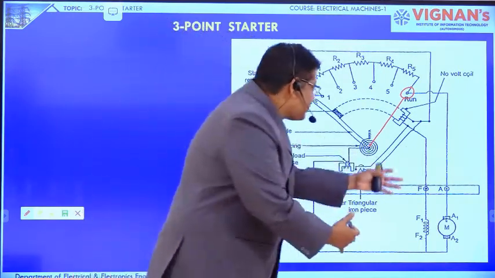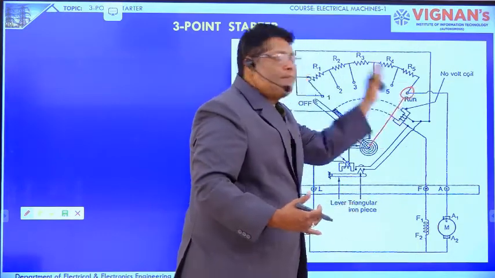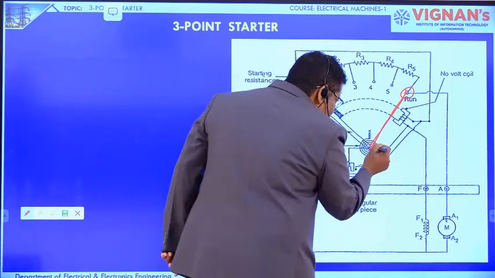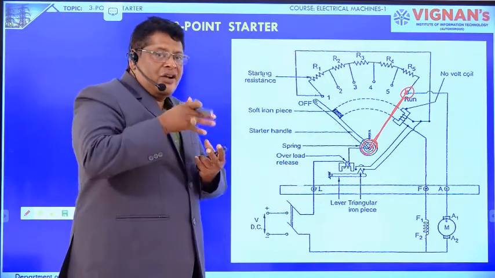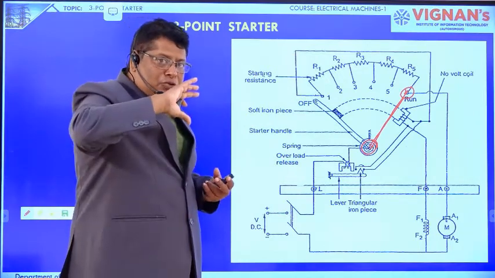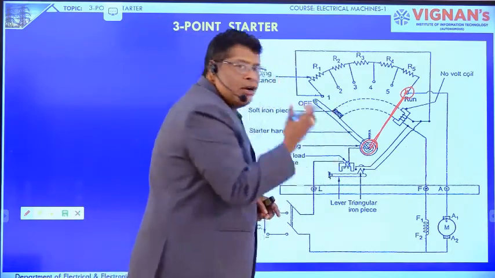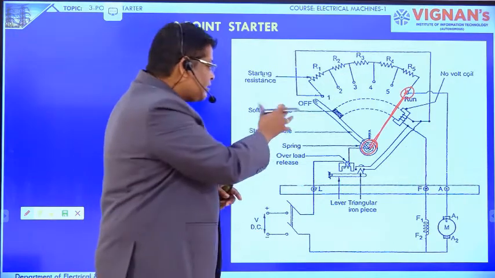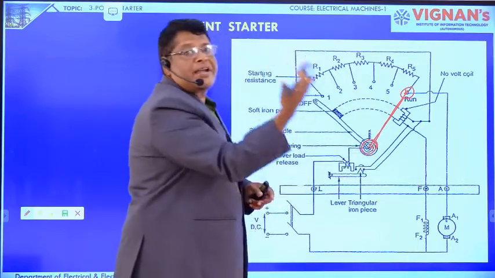As the motor speed is increasing, you move the handle from stud 1 to the final position here. Once the handle comes to this position, the spring is there. The spring will be twisted when the handle is moved. When the handle is moved, the spring is offering some amount of force on the handle to take it back.